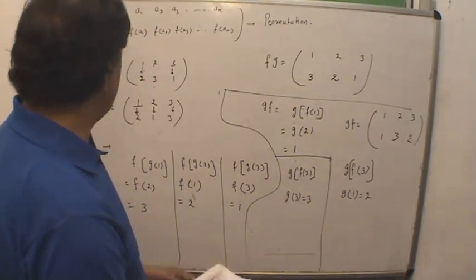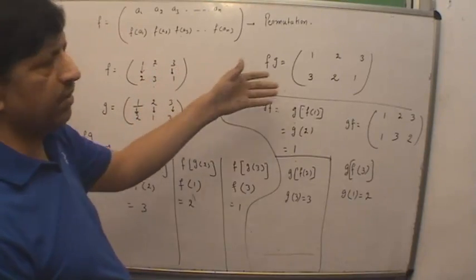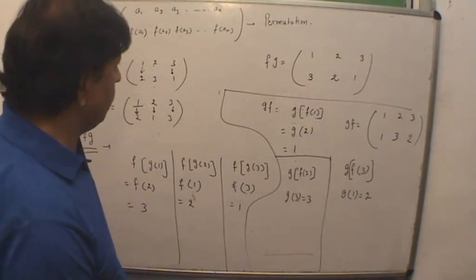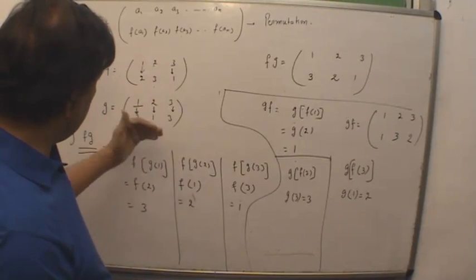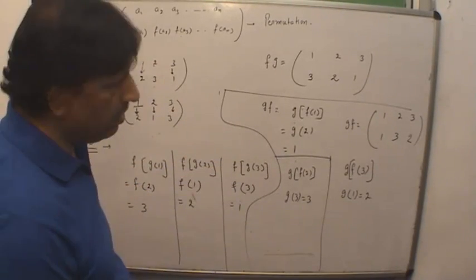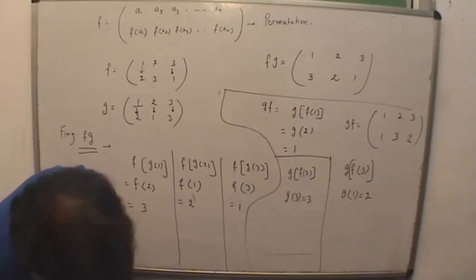The difference is, here are 3 members, they may be 4, 5 or 6. We find the image of the image. Let us see.